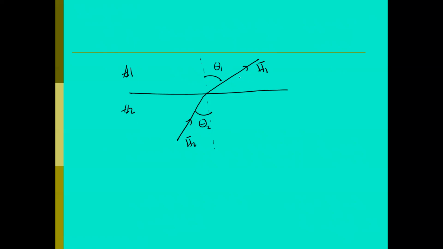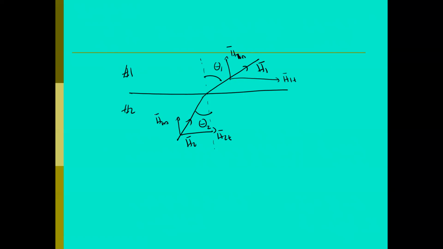For instance, we can write H1 to be the H1T, and here the H1N. Similarly, for H2, we have the H2T, and here we have the H2N.